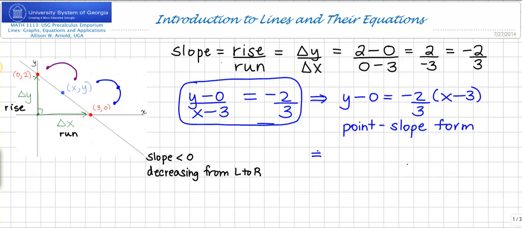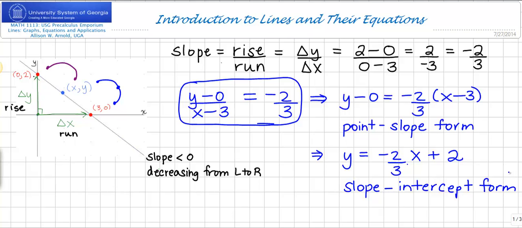Now, if I choose to clean this up by distributing, collecting like terms and all of that sort of thing, then we end up with a form that we often refer to as slope-intercept form.